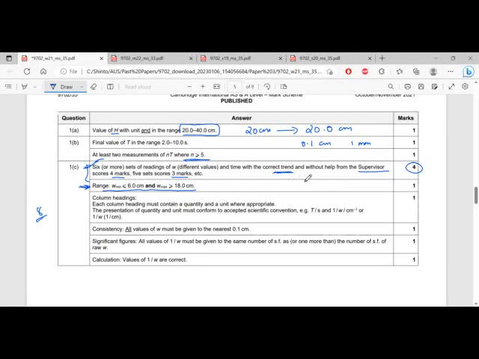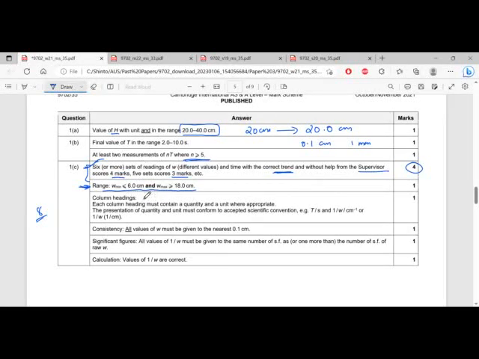Meaning, let's say in this particular question, I believe it is W and T that you are measuring. So either when you increase W, T may increase, or when you increase W, T may decrease. That trend has to be visible throughout the readings that you take. And if you get any anomalous value, you should repeat that particular reading.